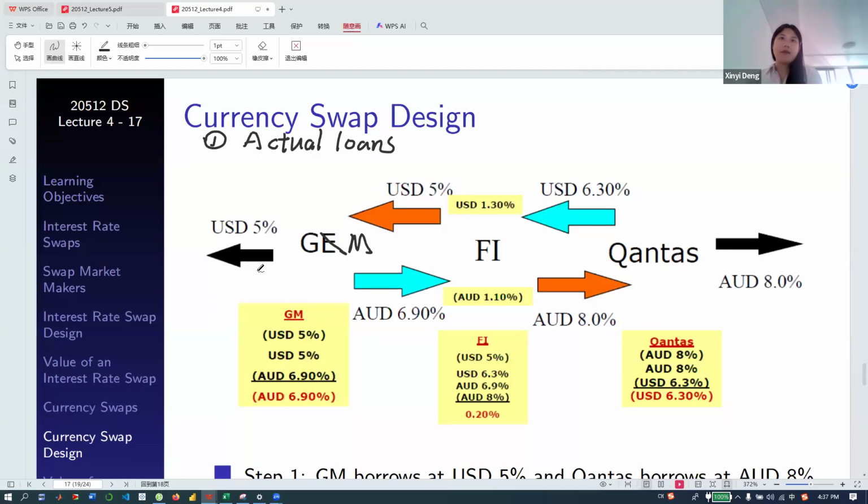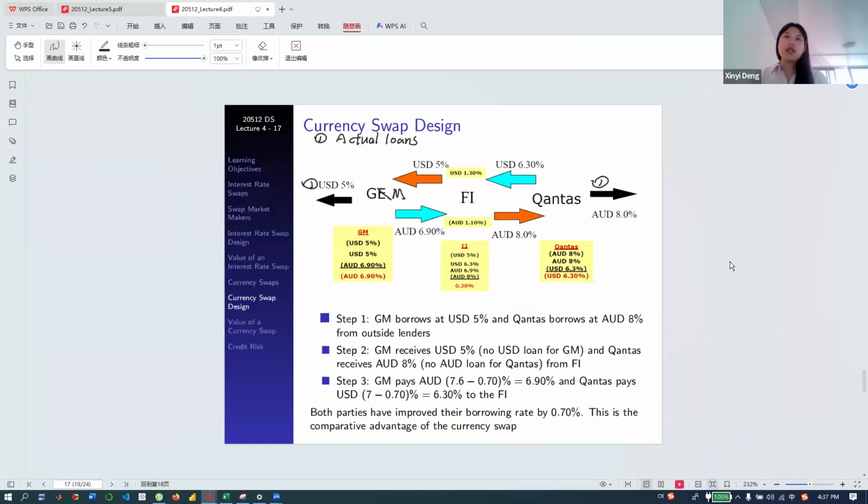So this black arrow and this black arrow. Oh, sorry, that's the first step. These two steps, these two arrows, they are the first step, where we work out the actual loans.